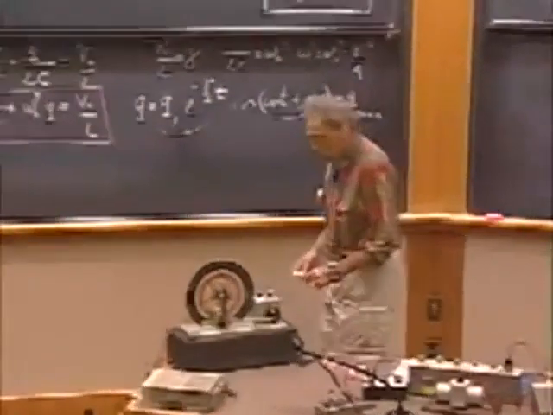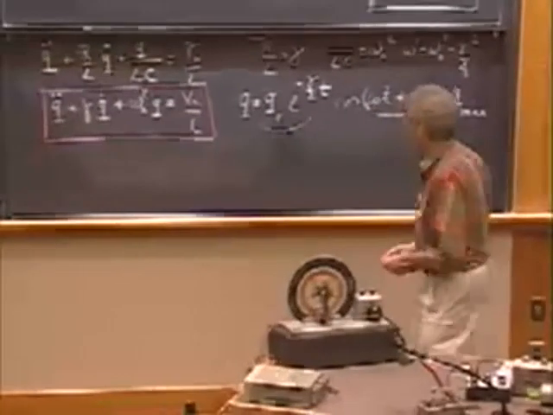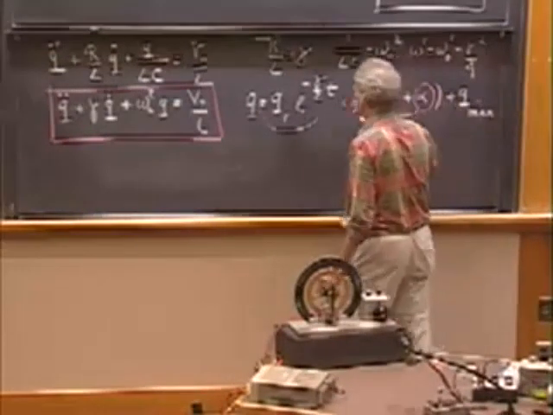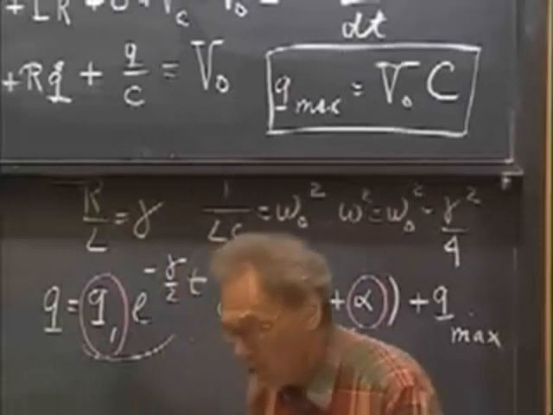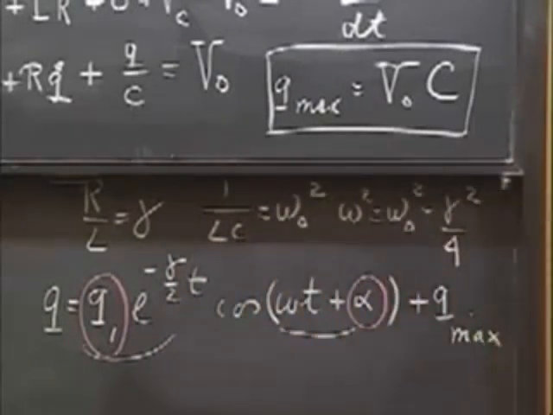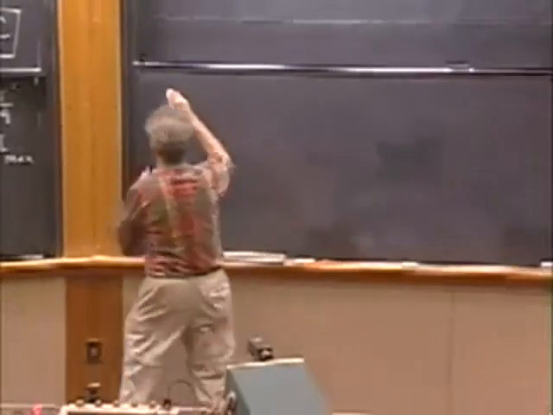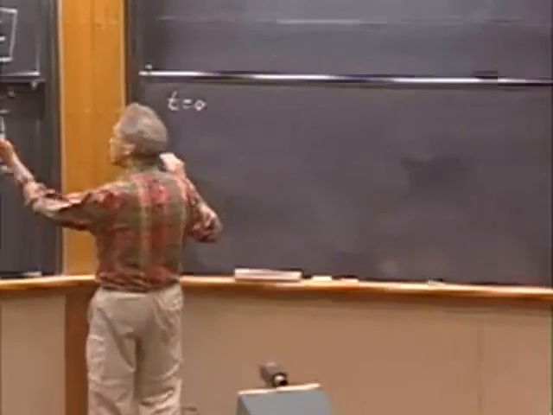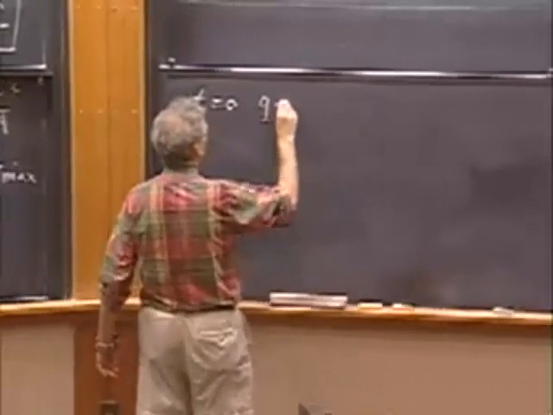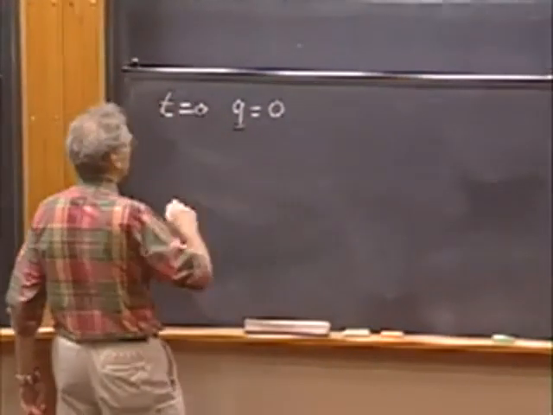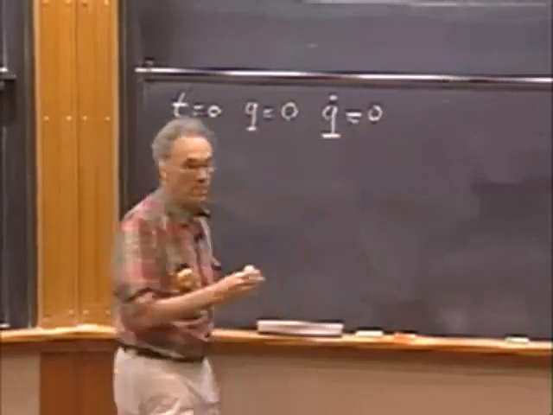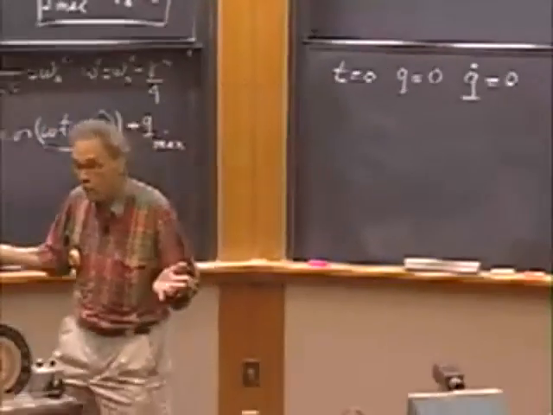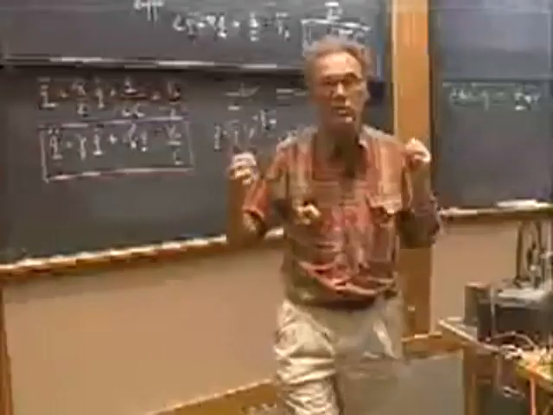You now have to solve, depending upon your initial conditions, for alpha, and you have to solve for Q1. So that means you have to know your initial conditions. The initial conditions of this problem, for instance, would be that at t equals 0, when I throw the switch, there is no charge on the capacitor. That is one way I could do it. And there is no current flowing. That could be my initial condition. Not the only one possible, but that is a possible initial condition.